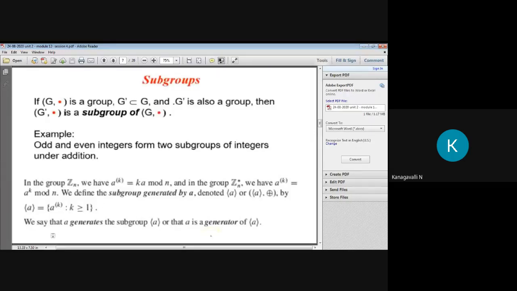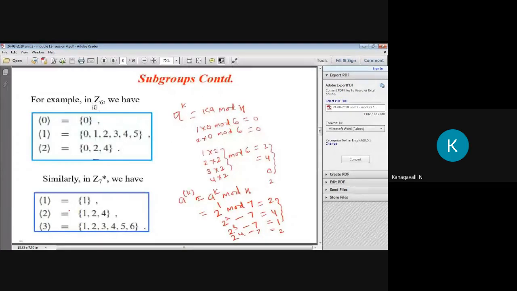See, we need to calculate our generator and the terms of that generator, right? So check clearly. I am taking the example of Z6. From this given data, see the right side part: a power k equals ka mod n, right?